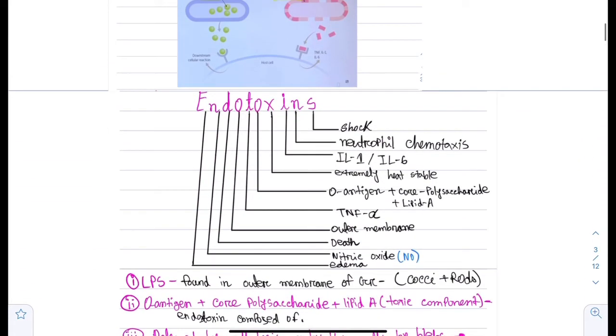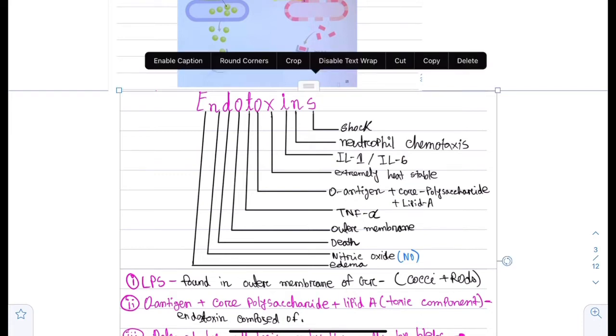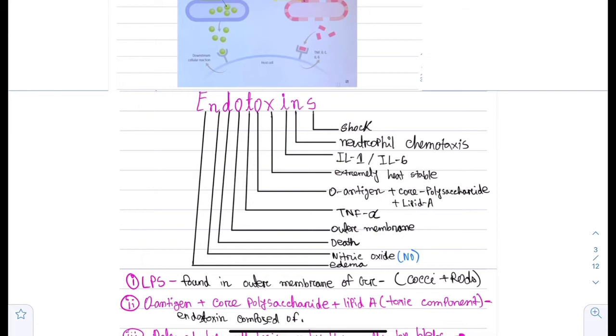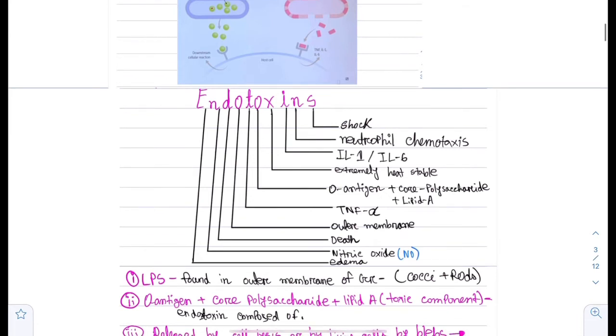Then I talked about how endotoxin and exotoxin work. So we can see here that in exotoxin bacteria, they carry those toxins inside the cells of the bacteria. So after some kind of mechanism, they will release the toxins.